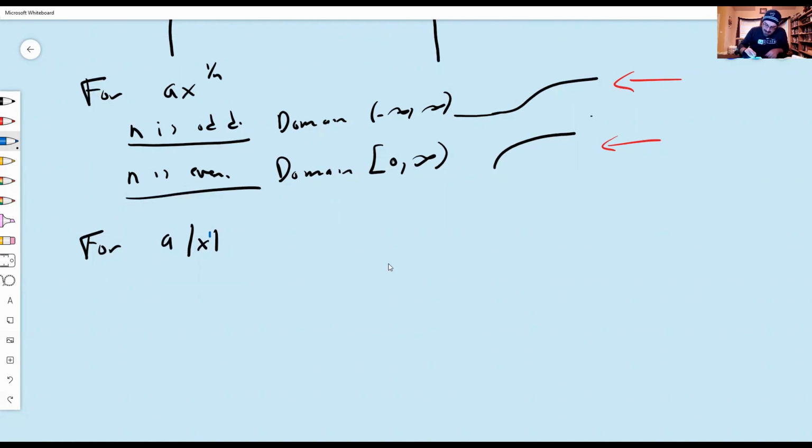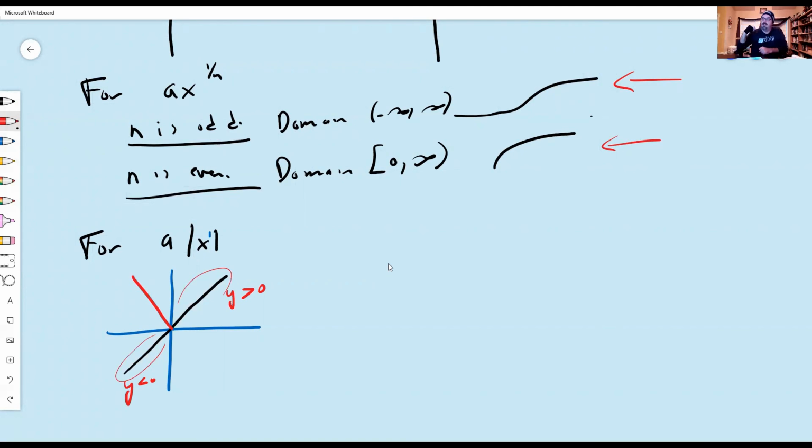So if I had a straight line like this, over here y is greater than 0, and over here y is less than 0. Specifically, the absolute value would leave these y values over here positive, and these y values over here would turn positive, so you end up with a v.